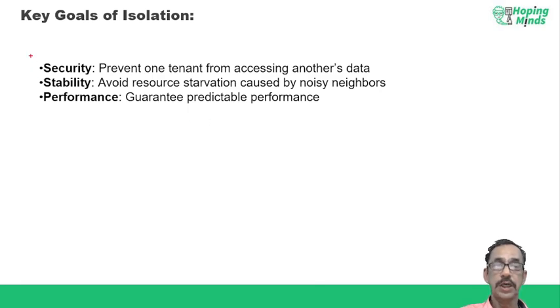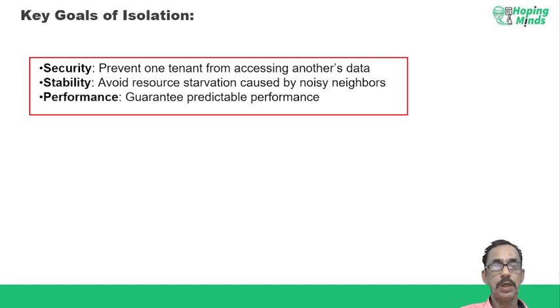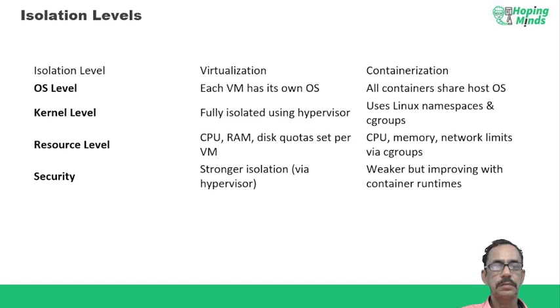Key features are isolation, security, stability and performance. Naturally, what is happening in the neighbor machine should not be known to the second machine. This is the purpose of isolation.